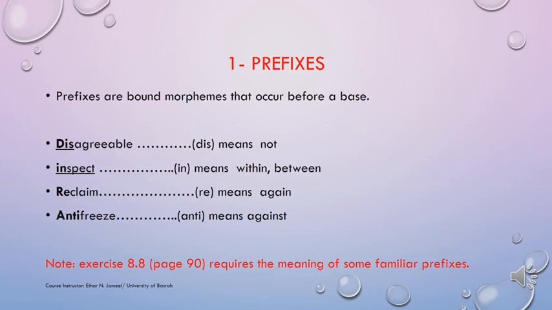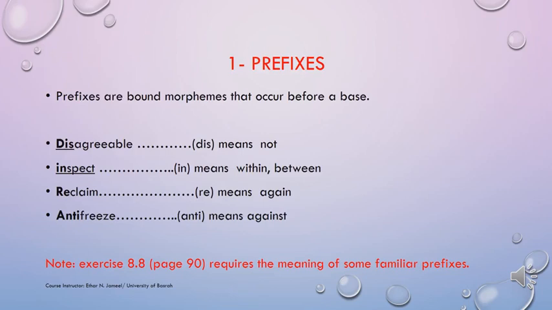The last example is antifreeze. Antifreeze consists of two morphemes, anti plus freeze. Freeze is a free morpheme because it can be uttered alone with meaning. Anti is a bound morpheme. It cannot be uttered alone with meaning. Freeze is the base because it has the principal meaning of the word antifreeze.